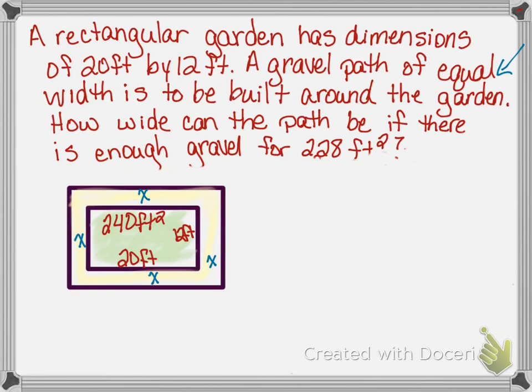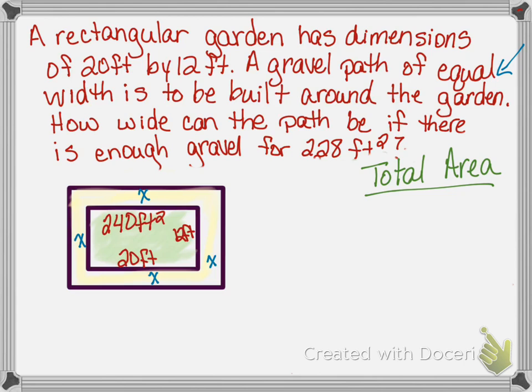Now, if I wanted to know my total area, so I'm talking about the area of my path and the area of my garden, what would I do? Can I figure that out? Do I have the area of my garden, and do I have the area of my path? I do.